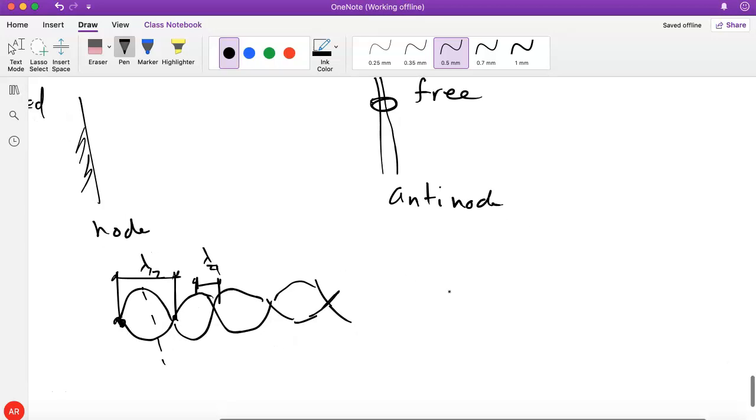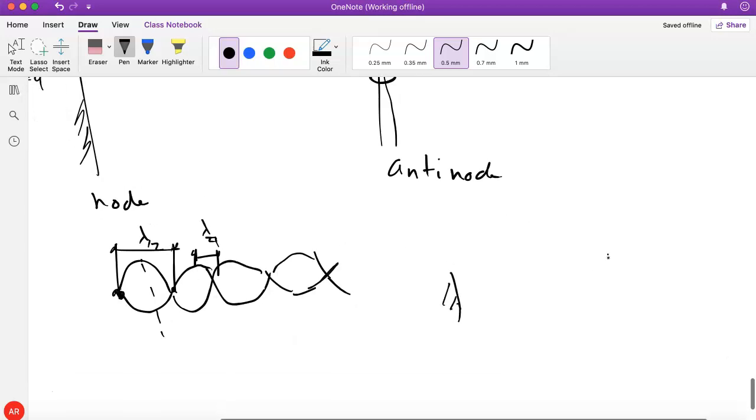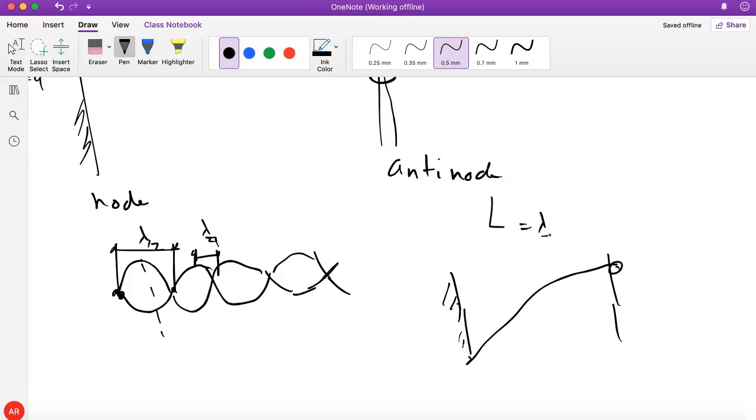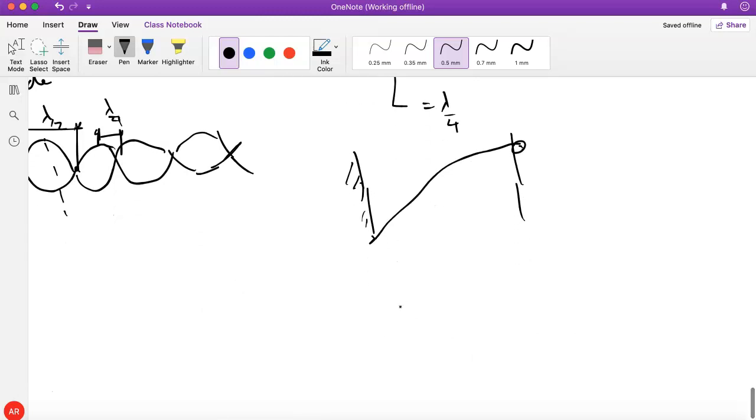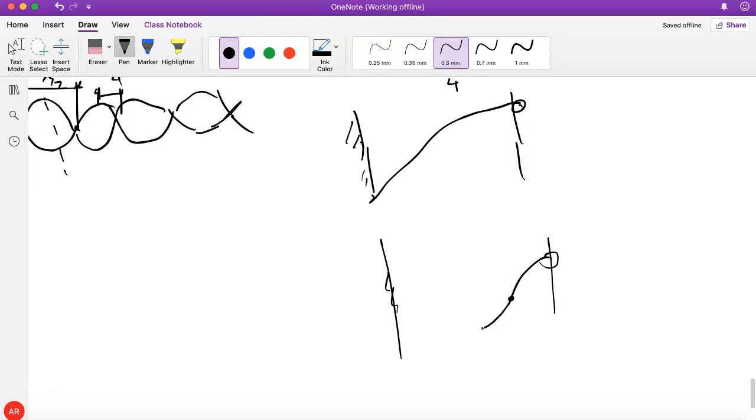So in general, for fixed free, I'm going to get something like this, where L is lambda over 4. That's the lowest frequency mode. Then you have one of these lambda over 4s, you get a node, and then you must have one full lambda over 2.